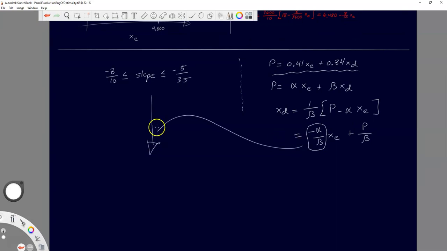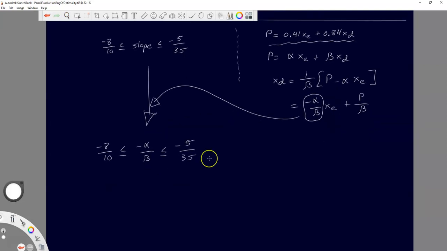So taking this, bringing this over, we can now say negative 8/10 is less than or equal to negative alpha over beta, which is less than or equal to negative 5 over 35. Multiply it all by negative 1, so we can flip the inequalities.